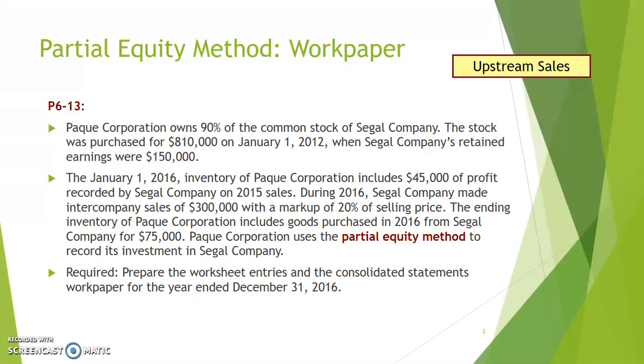And in this example, we will be preparing the worksheet entries and the consolidated financial statements for the year ended December 31st, 2016, remembering that the company was acquired on January 1, 2012. Again, consolidated financial statements subsequent to acquisition.